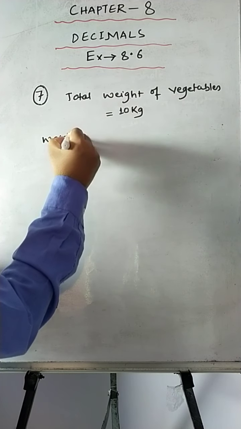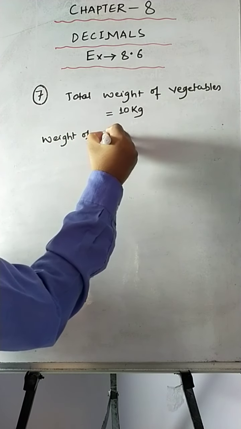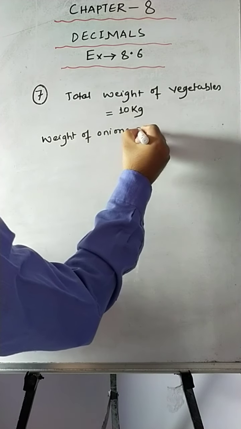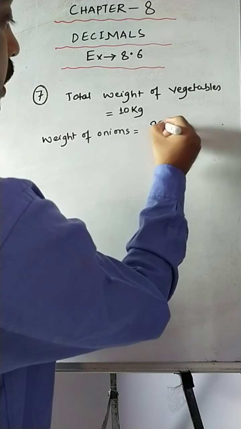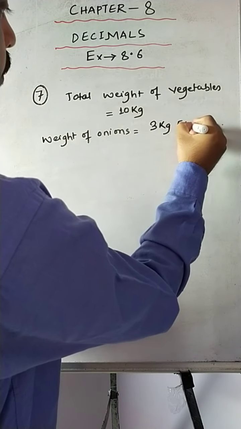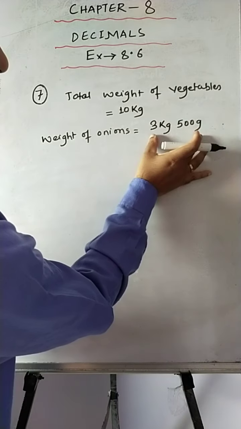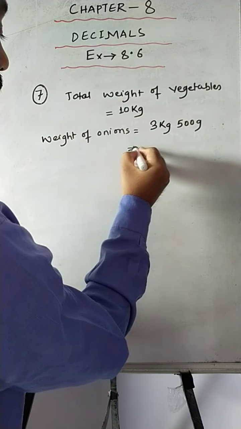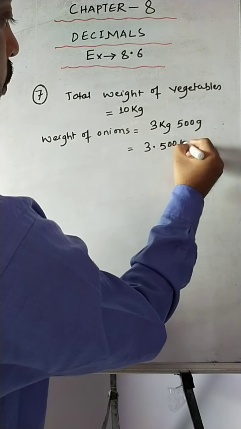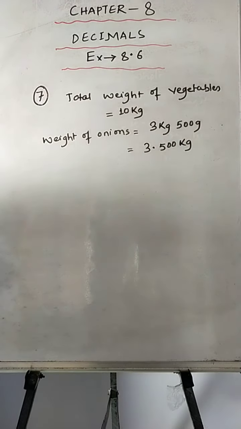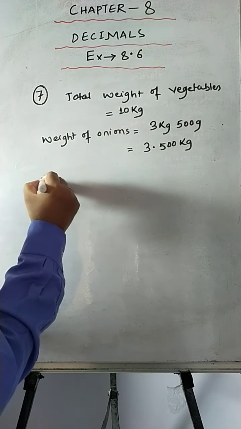So weight of onion given is 3 kg 500 gram. Now you have to convert this into the decimal form. So I'm going to write it directly. That is 3.500 kg.